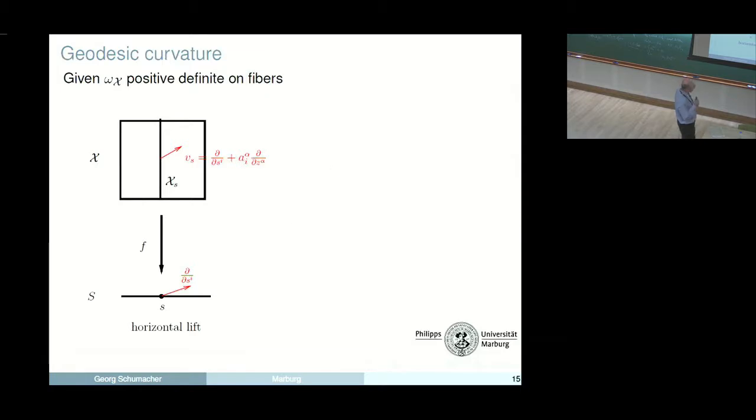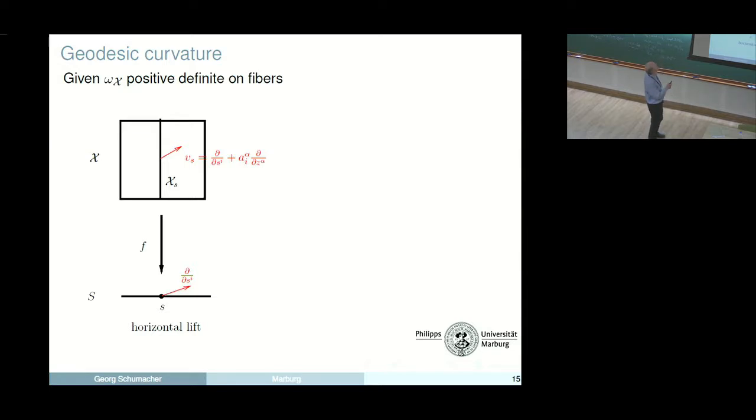Then there is another ingredient of what I'm going to say. The other ingredient is the notion of a horizontal lift of tangent vectors. So we are looking at a tangent vector of the base.